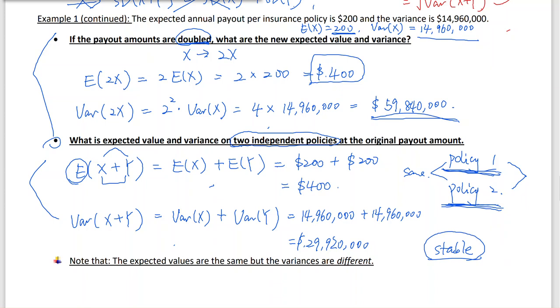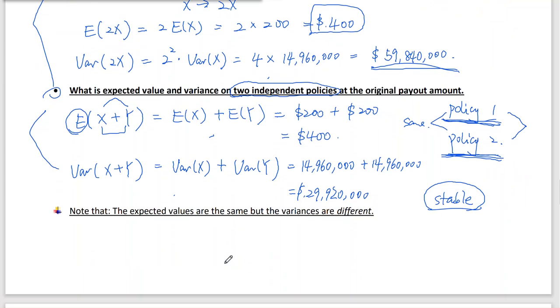This is the case you need to think about if you work in an insurance company in the future. Doubling increases the risk and gives a larger variance. In this case the expected values are the same, but the variances are different. All right, we'll just stop here for today's class.